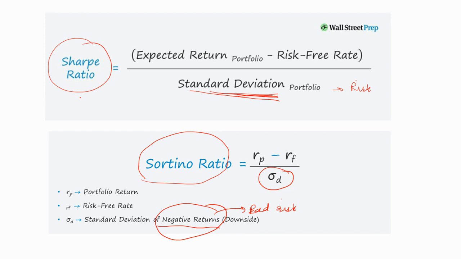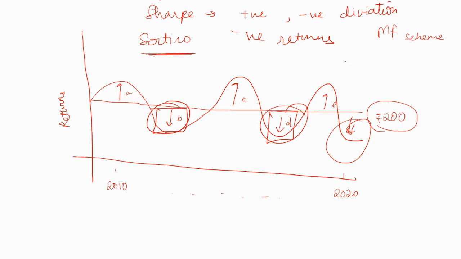Here I'm taking all A, B, C, D, E, F, G, H, the sum of all those, but here I'm only taking the negative returns that I get. So, for a mutual fund scheme, the Sharpe ratio and Sortino ratio will be very different. Okay. If I take this scheme only, if I calculate this scheme's Sharpe ratio, it will be a very different number. If I calculate the Sortino ratio, it will be a different number.